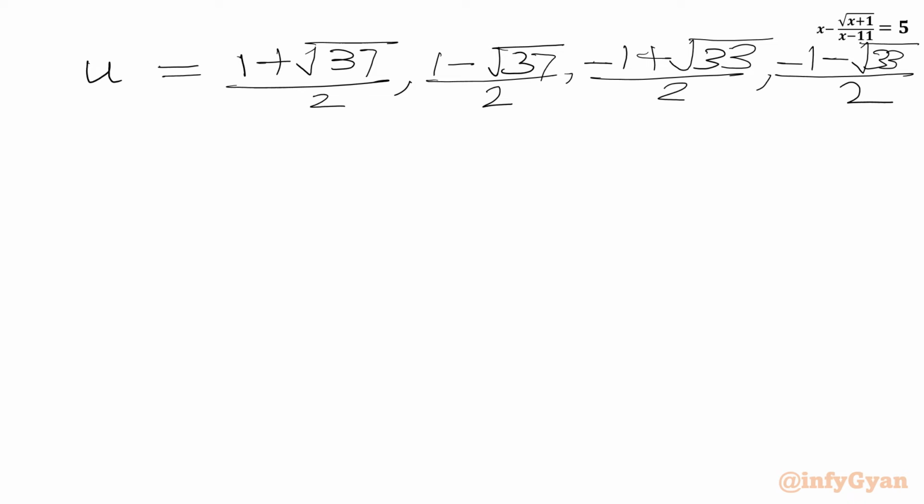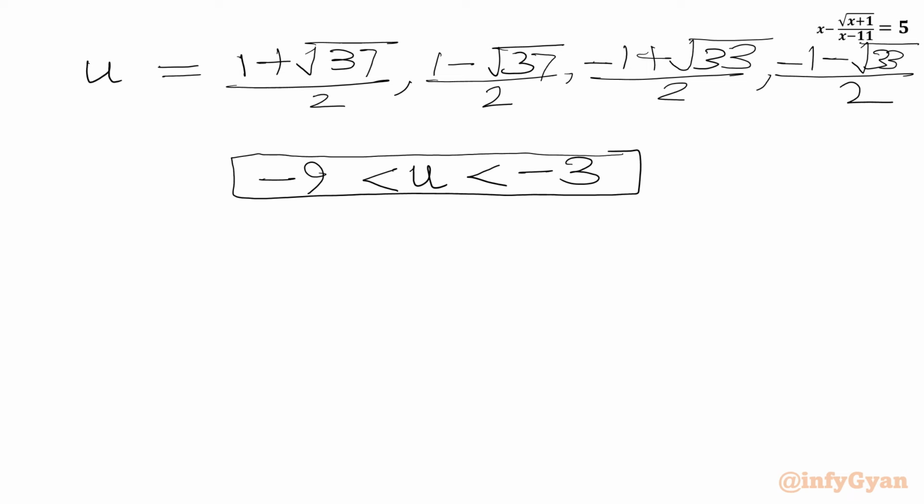Now the condition on u was that u should be in the interval −9 to −3, or u should be greater than 3. These two conditions are required; if our solution lies in either of the inequalities, we are going to accept that u value.